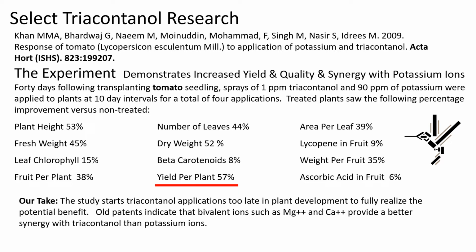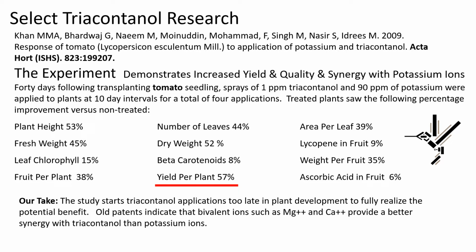In this application, they foliar applied potassium and tricontanol to tomato seedlings 40 days after transplanting, with sprays of 1 part per million. Actually, that's a pretty high rate. That was tricontanol with 90 parts per million of potassium, applied to plants at 10-day intervals for a total of 4 applications.